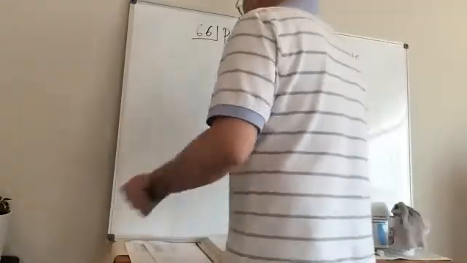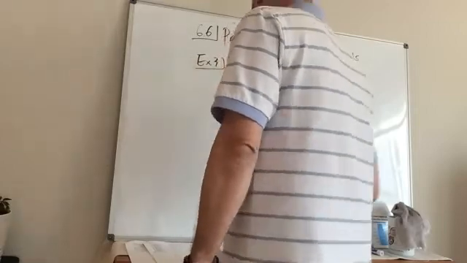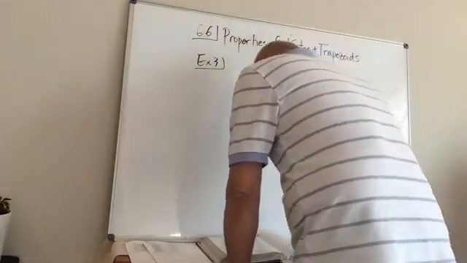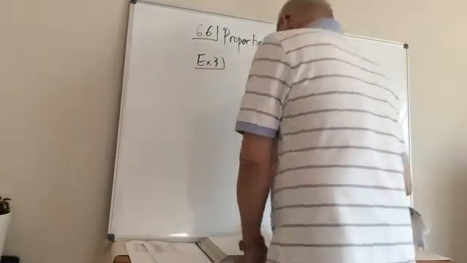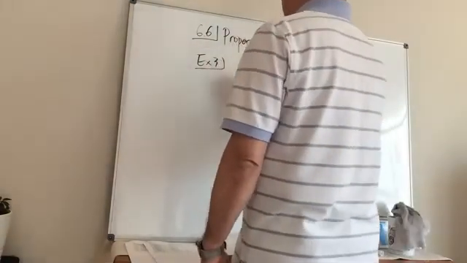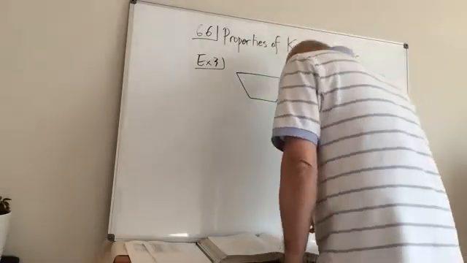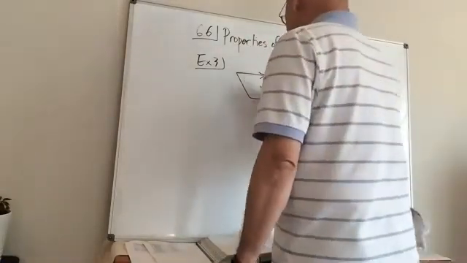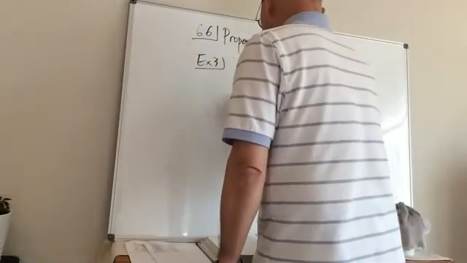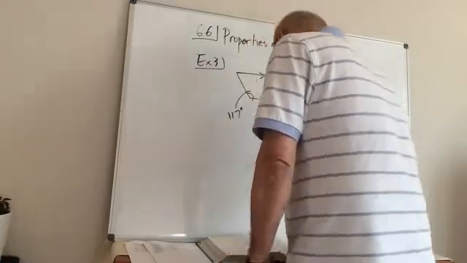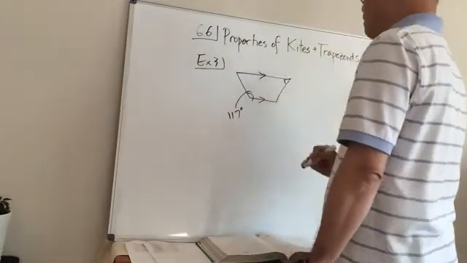Example number 3. Using the properties of isosceles trapezoids, find angle Y. So I have an isosceles trapezoid that looks like this, where these two are parallel, and I'm given that this here is 117, and I want to find this angle right here.